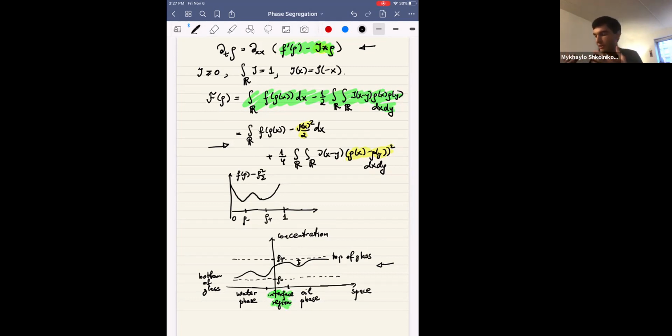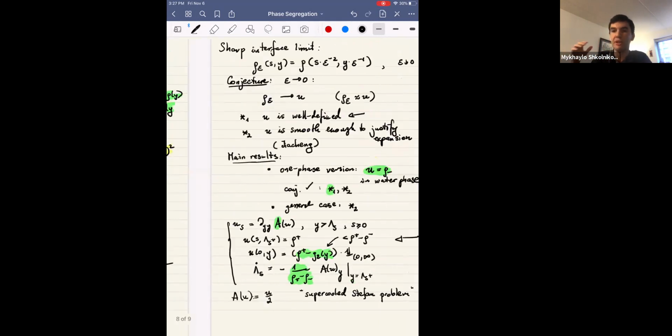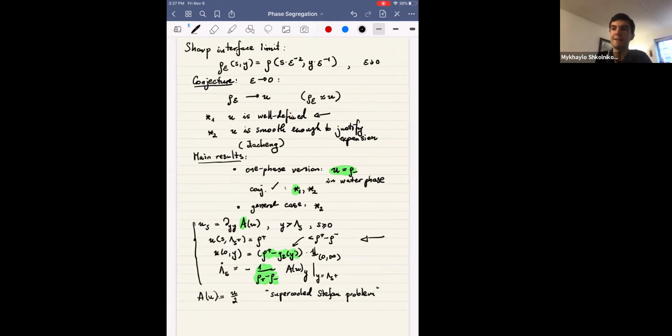So this whole phase segregation setup brings you into this more regular regime of this free boundary problem. So despite the fact that we have a nonlinearity in our PDE, in some sense our life is simpler here, because we can now expect to have even classical solutions of the free boundary problem.